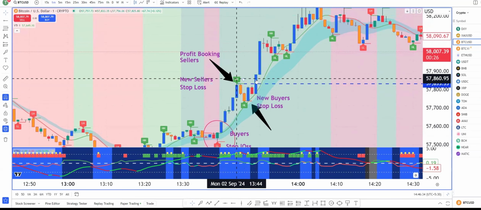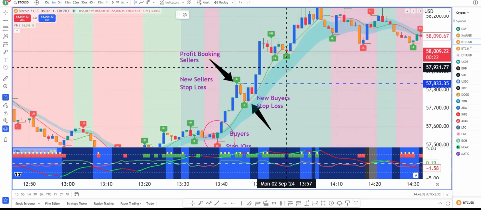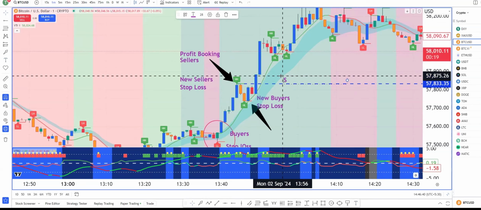So when the stop loss levels have broken, what will happen? The sellers' positions will switch to buying because of their stop loss.